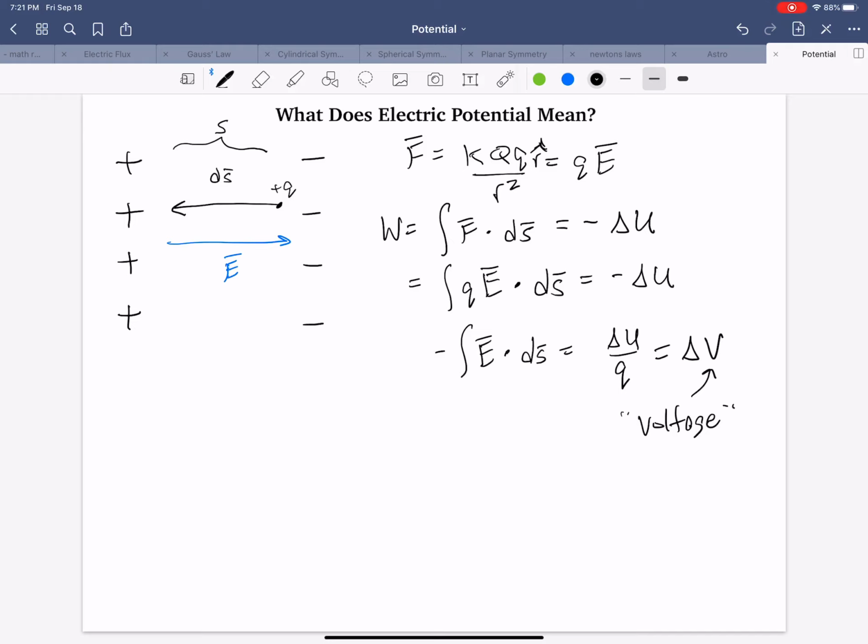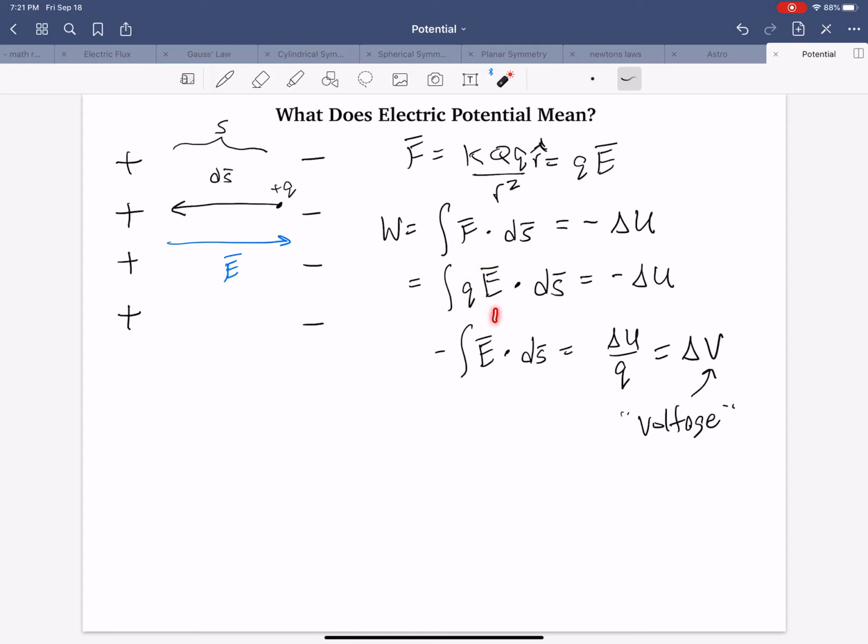And so it's a way to standardize the tendency for charges to be accelerated. We don't have a direct analog in the gravitational sense, because the gravitational force, at least on Earth's surface, is pretty much always constant. In this case, the force doing the accelerating or doing the work doesn't have to be constant.